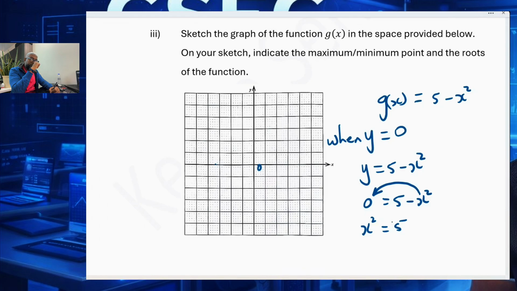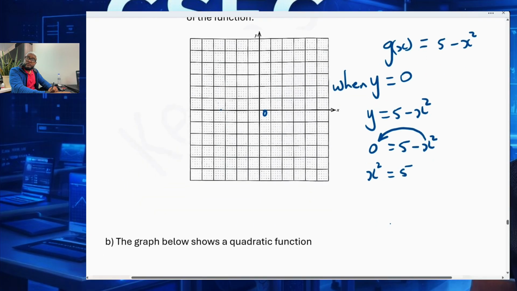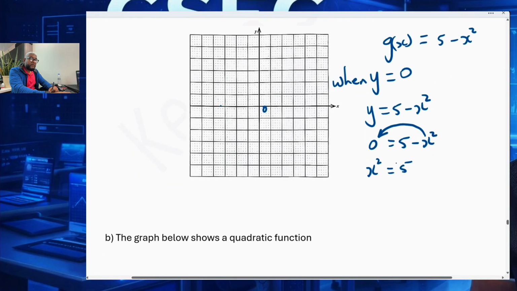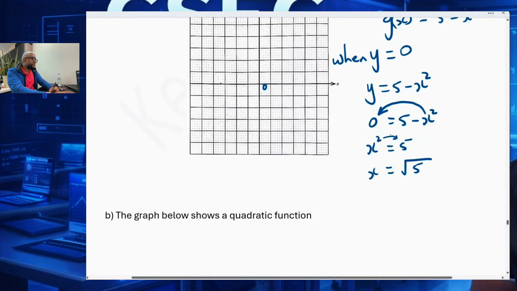Now, if I want to find the values of x, I need to find the square root of 5. You need to find the opposite of squared on the right side, which is 5. So x will be equal to the square root of 5. But this is actually going to be plus or minus the square root of 5.